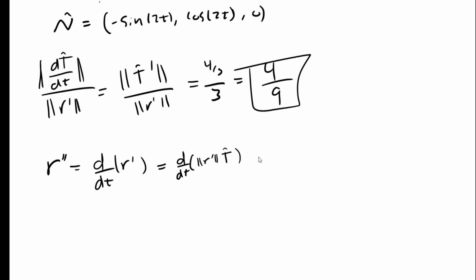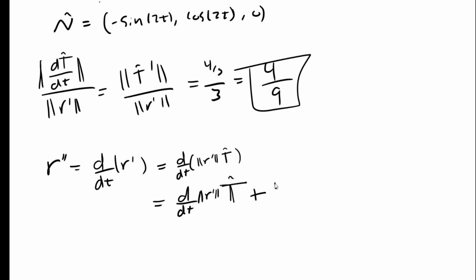Okay, so if I was to do the derivative of this, what I would get would be d/dt of this, r prime times T, plus, so this is just the chain rule.